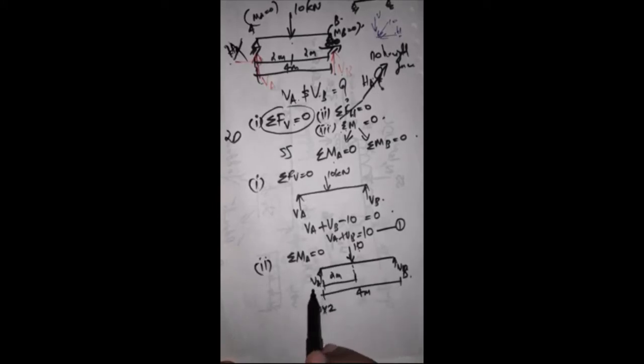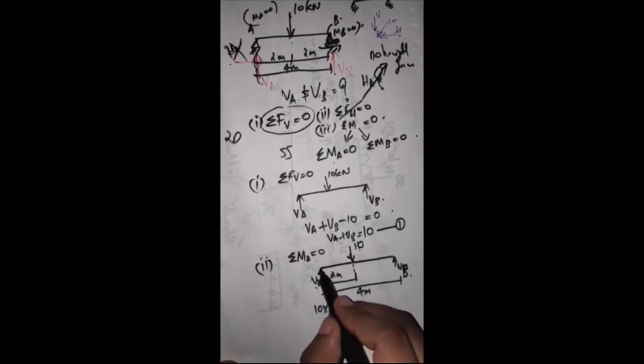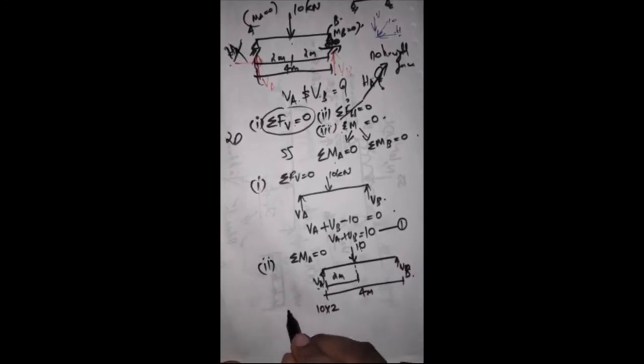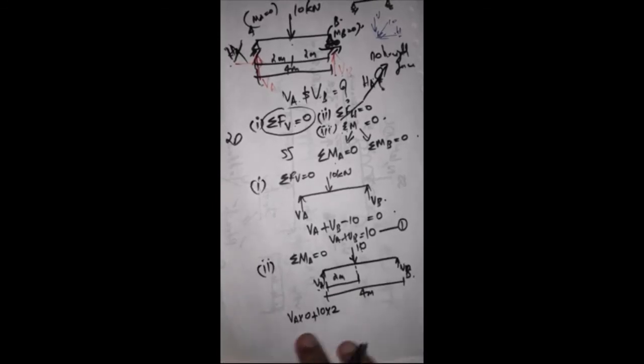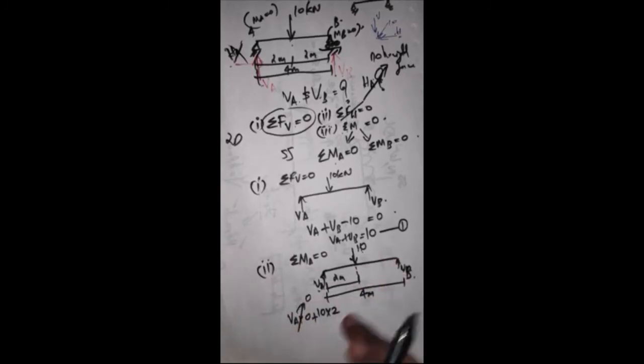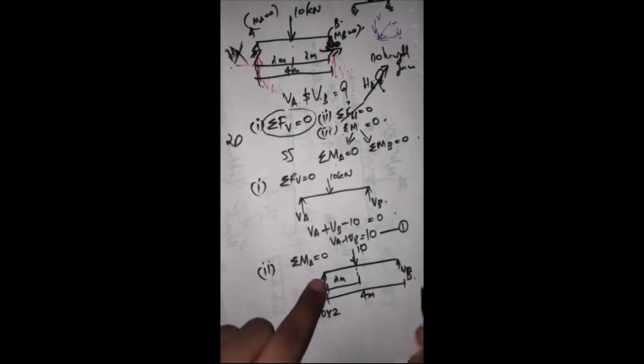At point A there is a force Va, but it is acting at the same point. Then what is the moment? Force into perpendicular distance, and the distance is zero. So Va into 0. There is no distance, so you don't have to write this. If any force is acting at the point, don't take that. So 10 into 2.